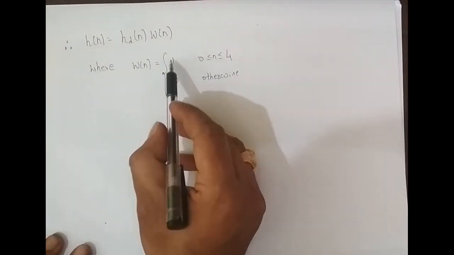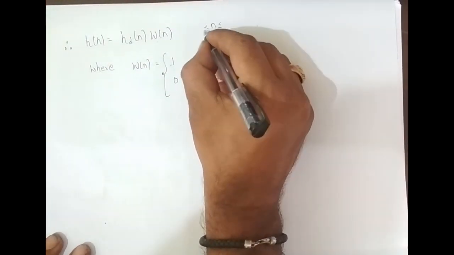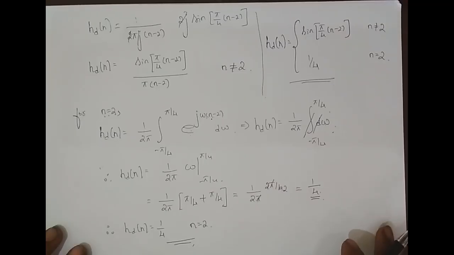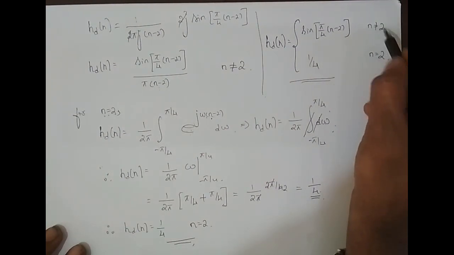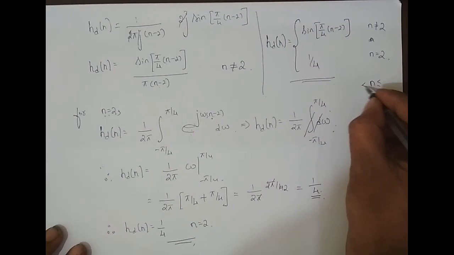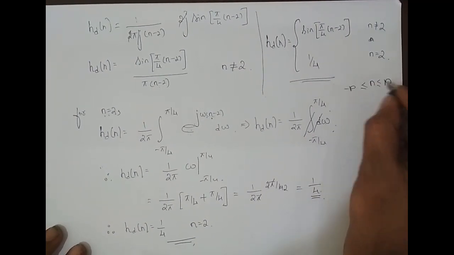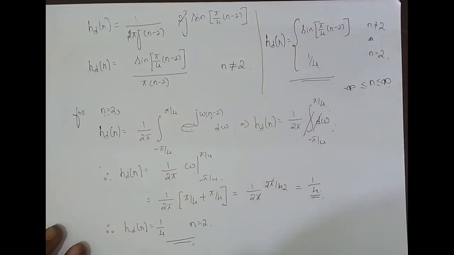Now n is varying from 0 to 4. This is for n not equal to 2 and n equal to 2 also, and here n is infinite in length, so n is varying from minus infinity to infinity.